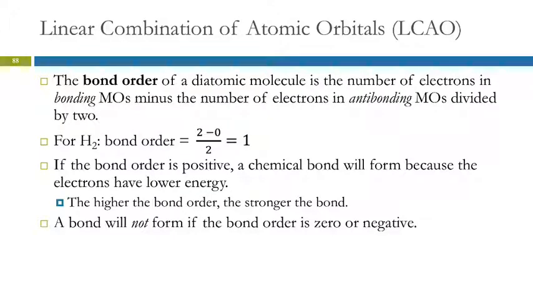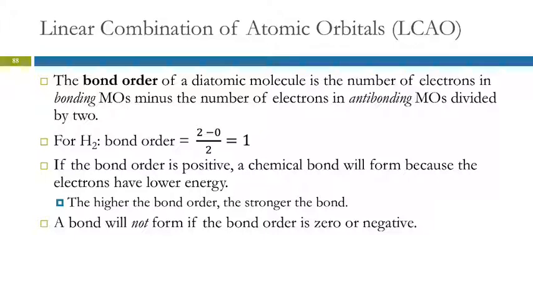This is weird stuff. If the bond order is positive, that means you have more electrons in the bonding orbitals, and a chemical bond will form because this results in a net lowering of the energy. The larger the bond order, the stronger the bond.